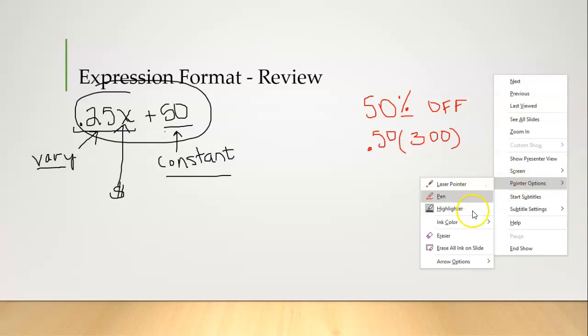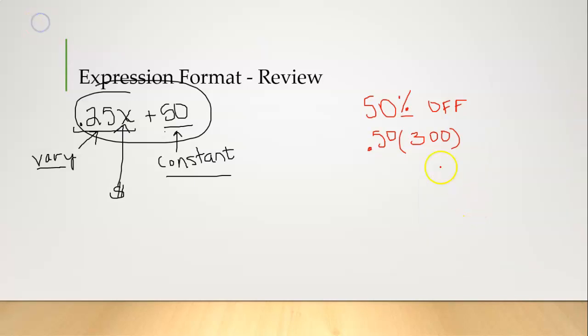To do that, all you do is you move the decimal 2 places to the left. Now, you're not actually going to have to change percents to decimals in this class or in this unit at all. I just wanted you to see that a percent off translates to a decimal multiplied by the total in these examples.